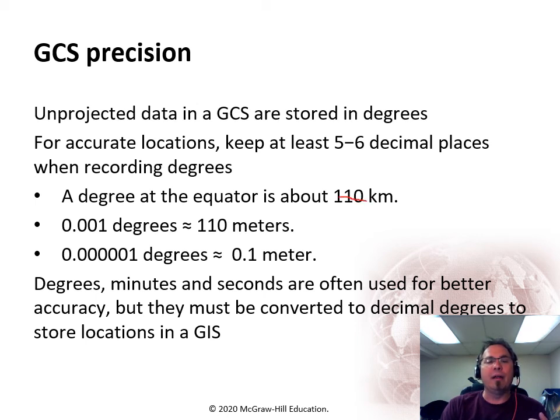You can see that there. The problem is that the math changes as you go north or south, because the parallels of latitude get closer together. So your accuracy is not very good in GCS already, but there's more to that story, and I'll explain that as we go.